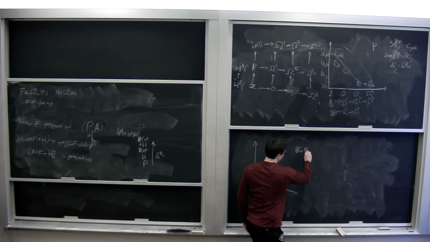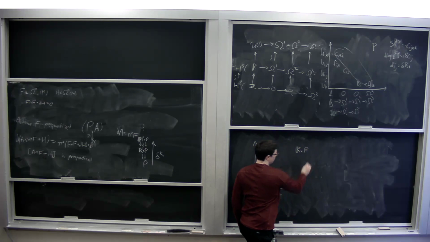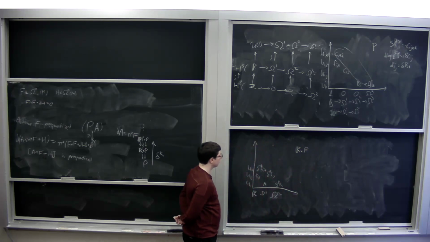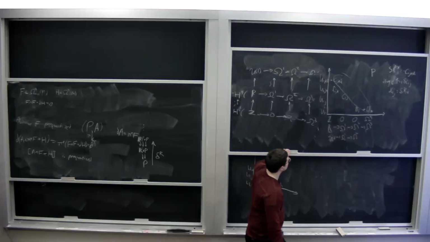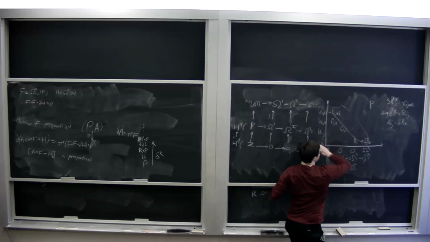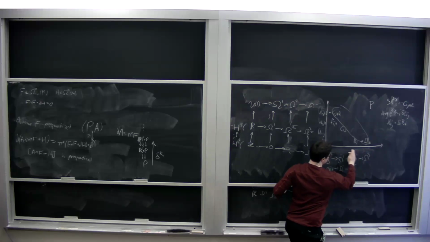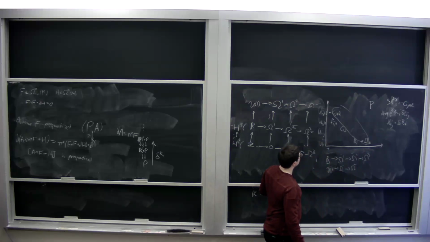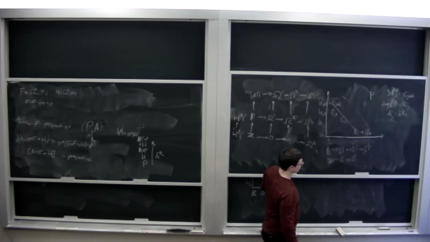So this is on the R cross P level of the complex. But on just the P level, the complex computes the real cohomology. Yes, this is what the diagram looks like on the P level. Sorry, I'll erase this. I see. Okay.